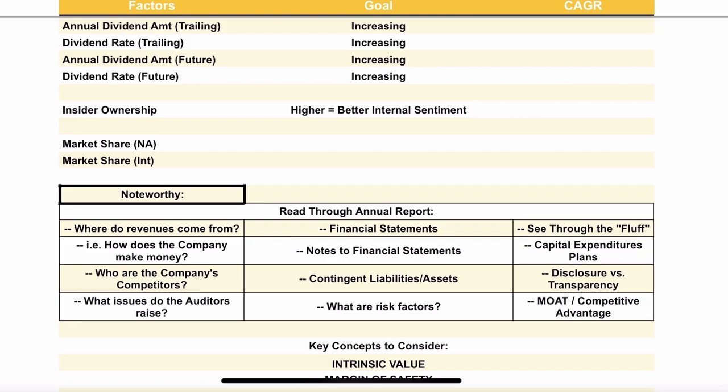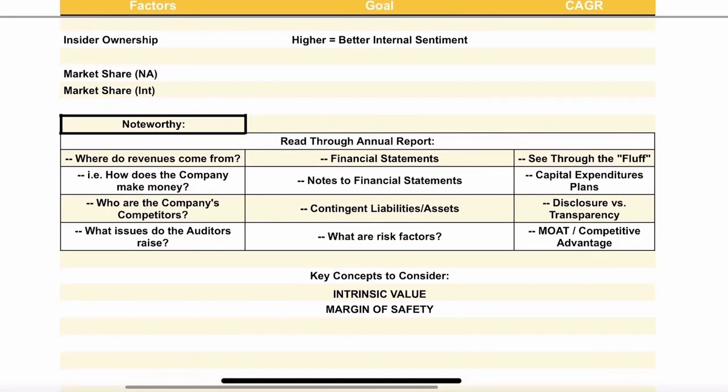I like to see that they can cover that dividend with cash flows. And if a company is consistently paying, doesn't cut them, and is consistently increasing, that can be a really good sign of financial health. And of course, you want to make sure they're not overextending themselves. But just looking at that factor, it's important.